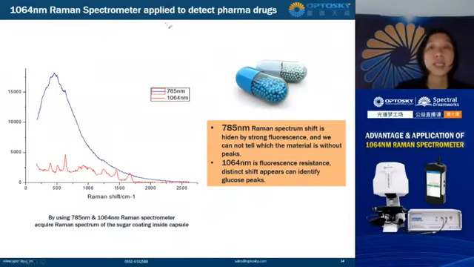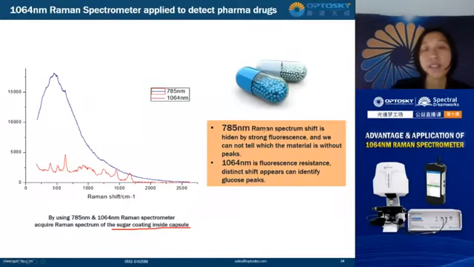We can see that this is the glucose capsule. This is the sugar coating inside the capsule. And we can see the 785 spectrum has a big fluorescence background. If you use 785, there is no peak. If you use 1064, the peaks appear in these areas.